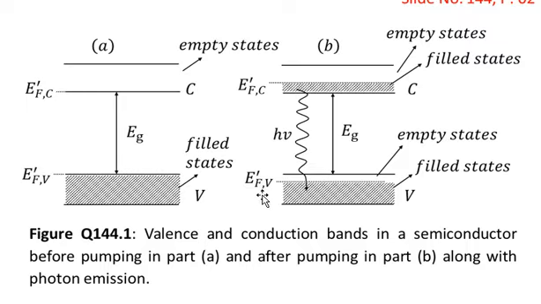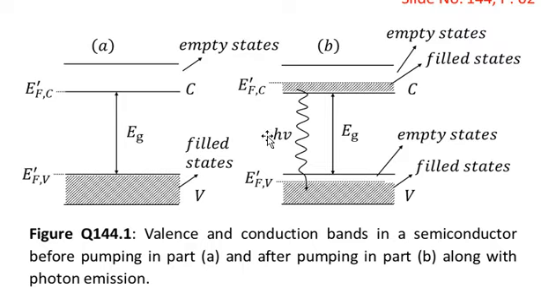And you see that now the gap between the Fermi level in the valence band and the Fermi level in the conduction band is greater in comparison with the energy gap between the two bands, that is Eg. So EFC minus EFV is now greater than Eg.